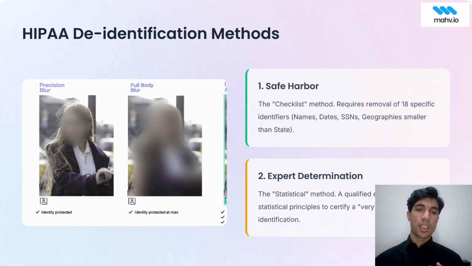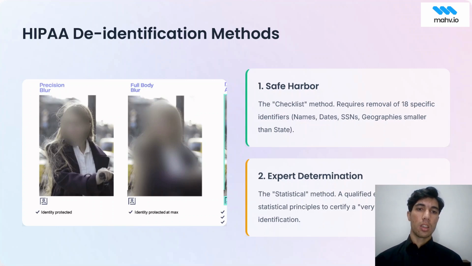Then the second one is expert determination, which is an alternative statistical method. Basically, an expert applies statistical and mathematical principles to certify a very small risk of re-identification.